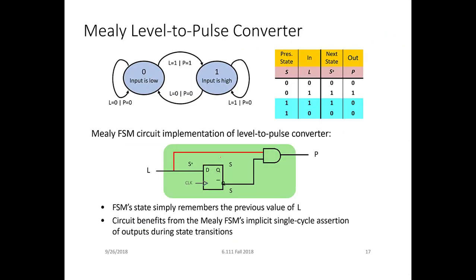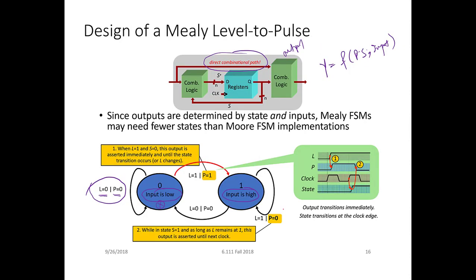If you are in this state and you receive an input of 1, you directly change your output from 0 to 1 without waiting to go into the next state.